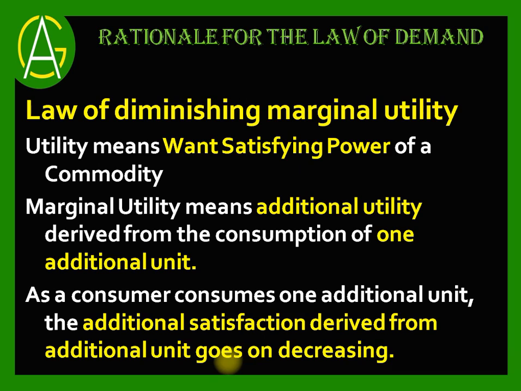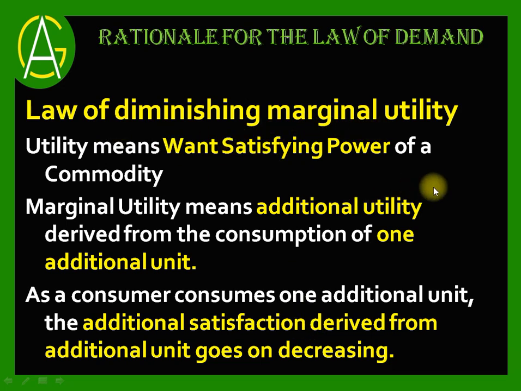The satisfaction from the second unit will be lesser than that of the first unit. That is considered as diminishing marginal utility. So every increase in the unit will decrease the marginal satisfaction. Additional satisfaction will go on decreasing. This is considered as the law of diminishing marginal utility.